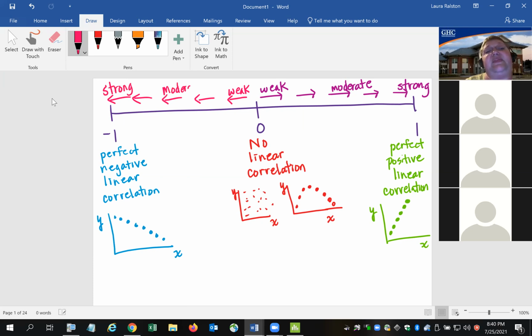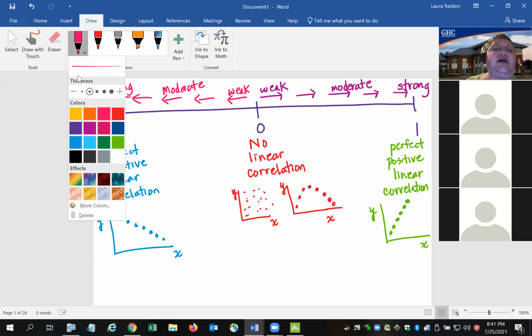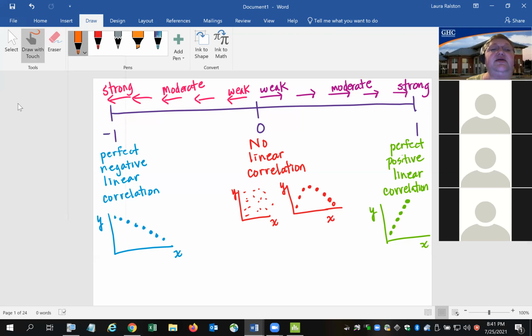Now, there's no set numbers to say, okay, at this point, we go from being weak to being moderate, or from this point, we go from moderate to strong. Okay, it's kind of your own interpretation. But if you want some guidelines, just for example's sake, probably till you're at about 3/10, maybe 4/10, you're weak.